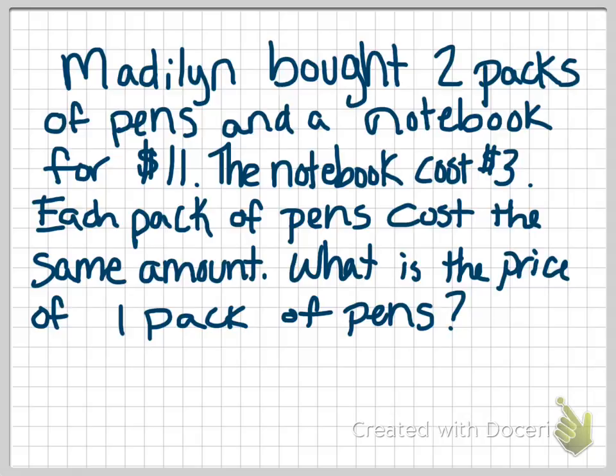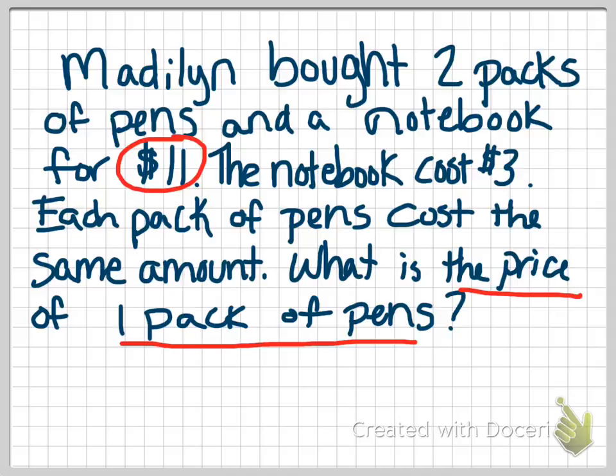So if I think about what do I need to find, I need to find the price of 1 pack of pens. And then I'm going to ask myself, what information do I need to use in order to find what the price is? So I know that she spent $11 in all.